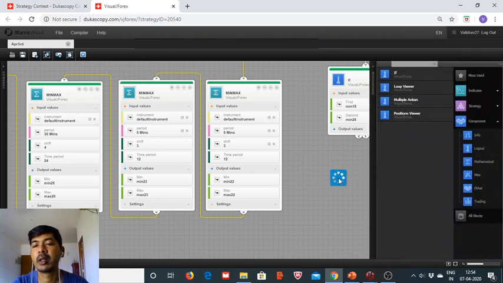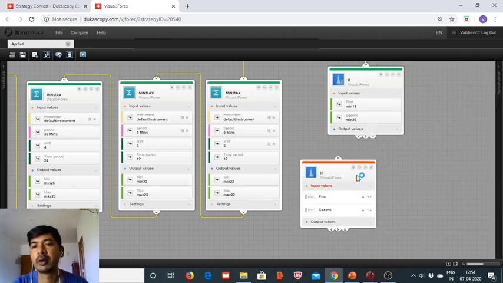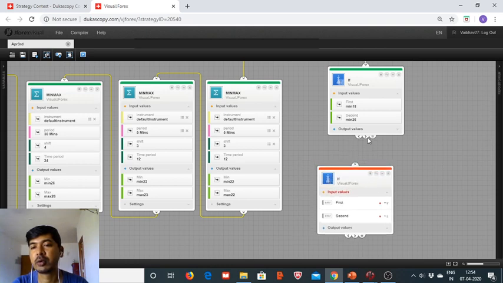So we bring in another block, and now we add this condition. It should be greater or equal to.